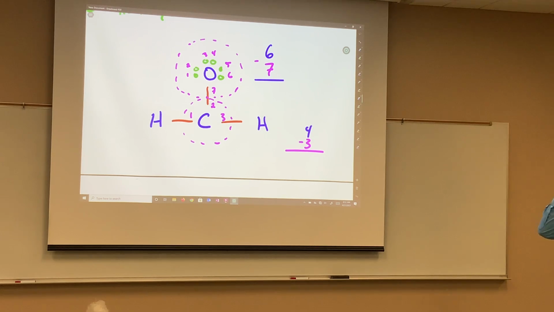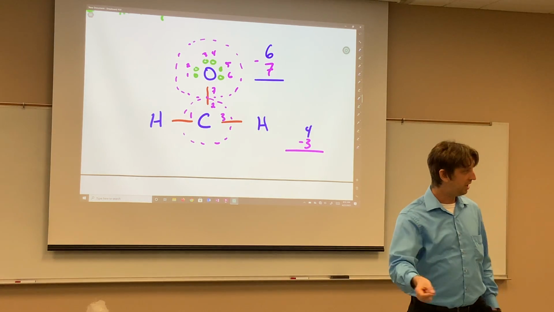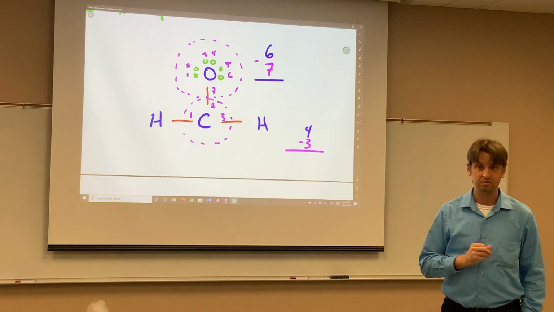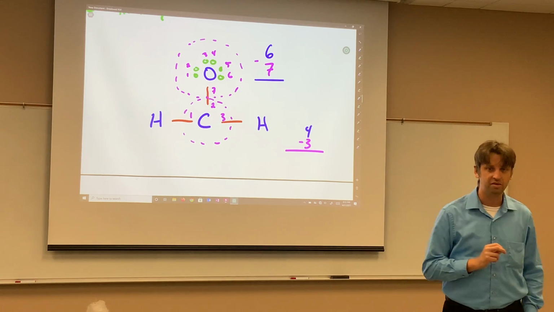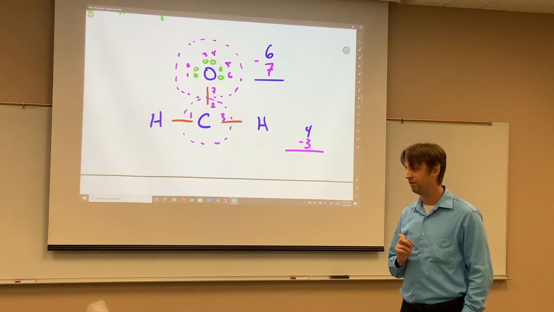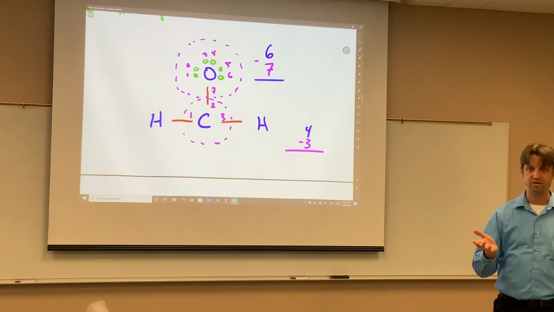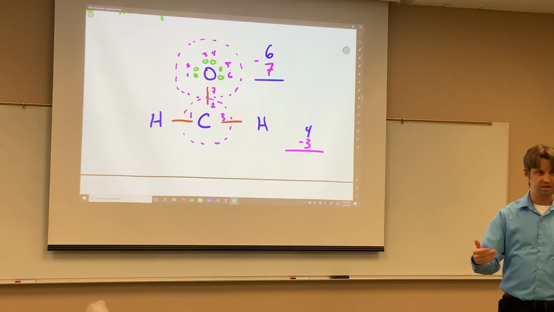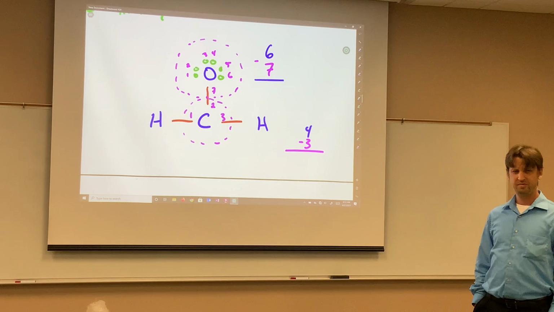The sum of my formal charges has to equal the overall molecular charge. So if you go back and take a look, we did CO3 2-, one of our first set of compounds there. That 2 minus, we could go through and assign the formal charge for everything, and that would be the sum of our formal charges there also. You guys remember that?